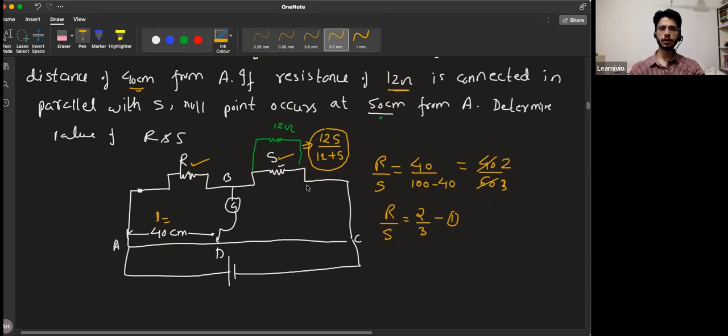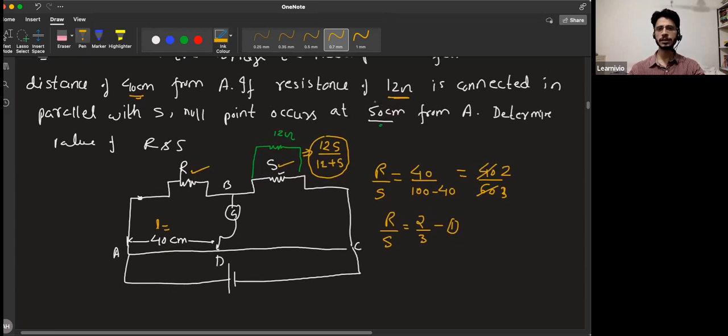Arpit, how will you write now? The balancing length is now 50 centimeters. How will you write the formula for meter bridge now? Sir, we will equate them. Equate what? First tell me the formula. In the left gap, you have R. In the right gap, now you have 12 S by 12 plus S. How will you write the formula? R1 by R2 is L by 100 minus L. This is the formula. What is R1?